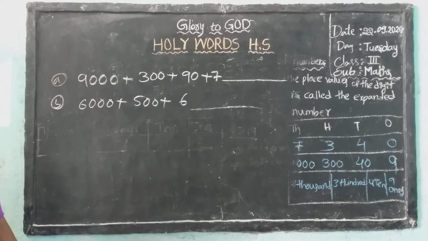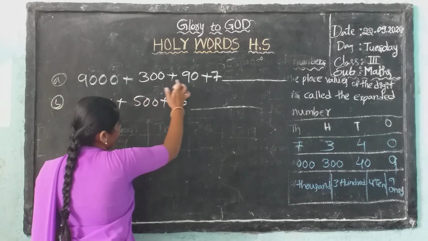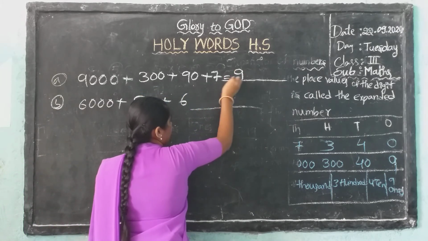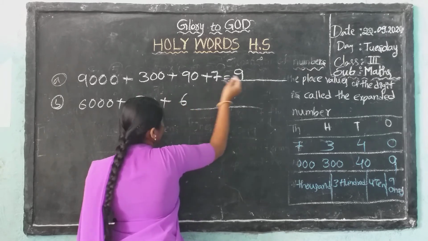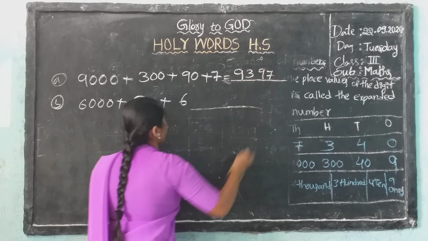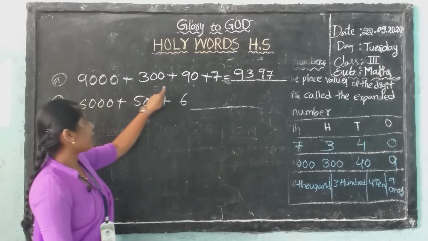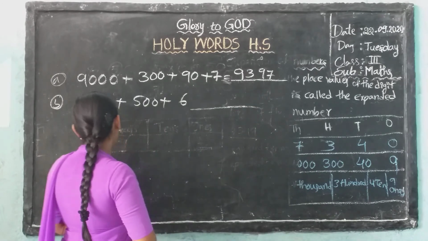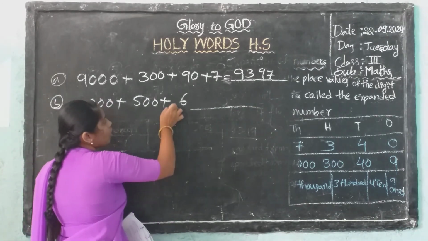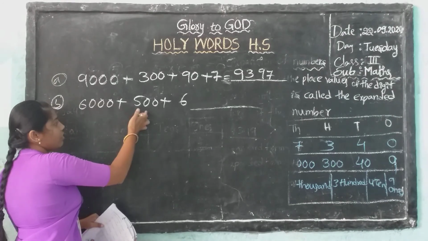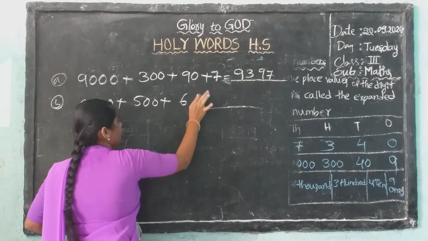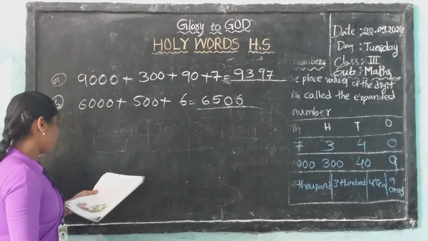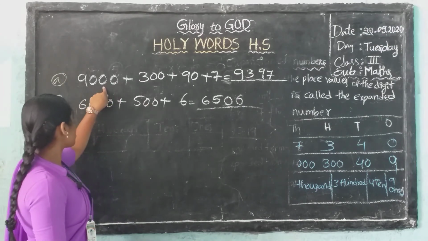So A is 9,397. This is the expanded form, and we turn it into standard form. B is 6,506. There is no tens value. So 6,506. These are the numerals for the following.